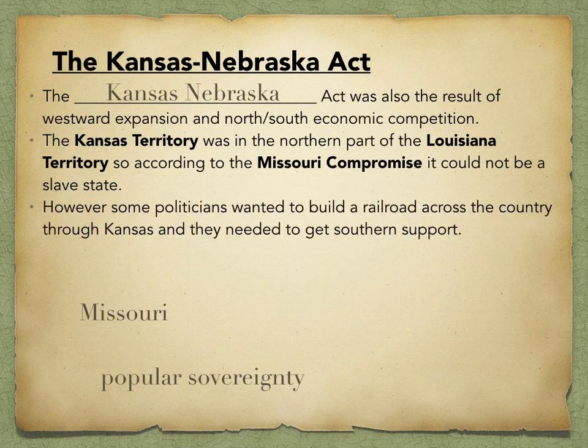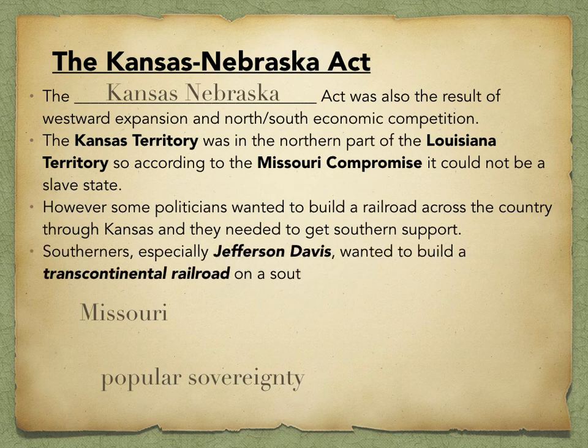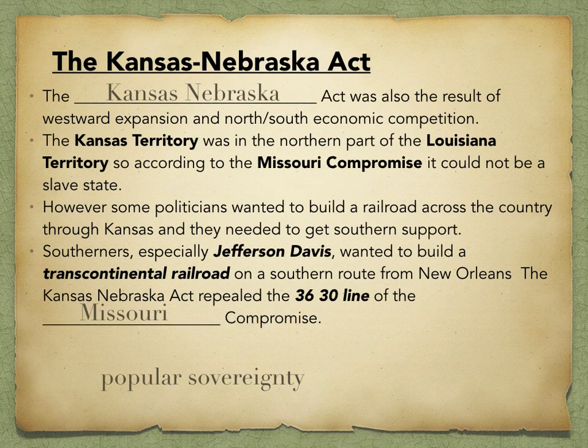However, some politicians wanted to build a railroad across the country through Kansas, so they needed to get Southern support. So in order to be able to pass through with their slaves, they'd have to have the support of the South. Southerners, especially Jefferson Davis, wanted to build a transcontinental railroad on a southern route from New Orleans. The Kansas-Nebraska Act repealed the 36°30' line of the Missouri Compromise.